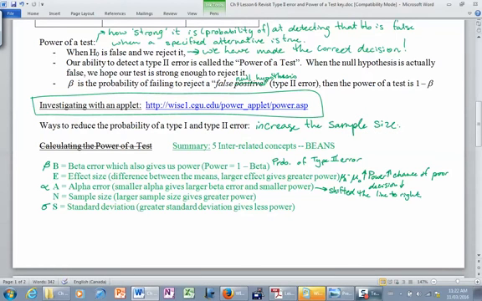And by increasing the sample size, not only are you decreasing the probability of a type 1 error, which was, recall, alpha, and a type 2 error, which was beta, but you are also increasing the power of the test.